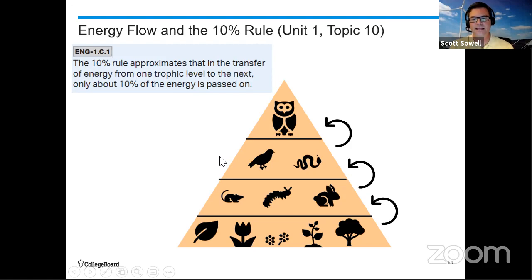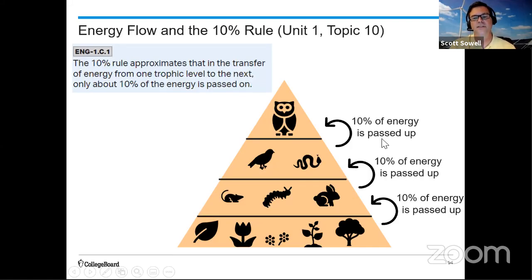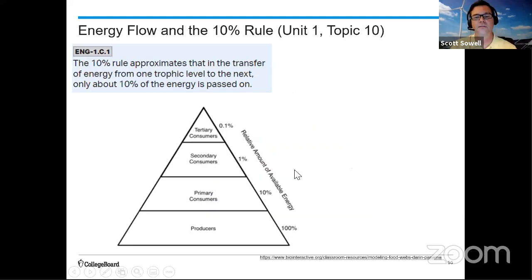So what that means is between the primary producers and the primary consumers, only about 10% of that energy makes it up here. That's why this is shaped like a pyramid, because we're losing a lot of that energy. And then again, only another 10%, and then another 10%. So every time we make a leap, only 10% goes to the next highest trophic level.